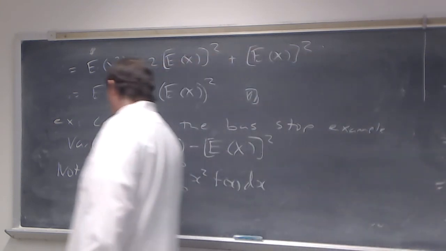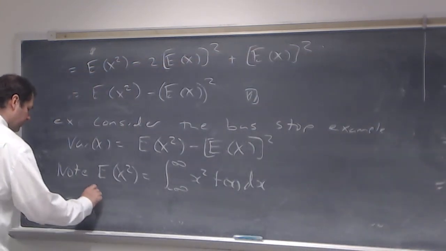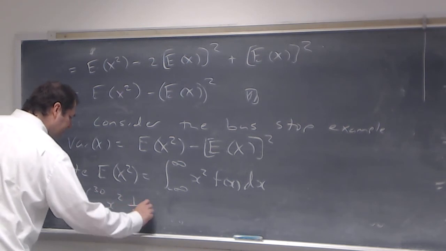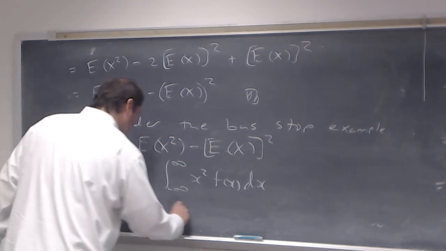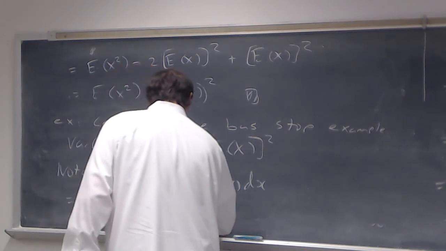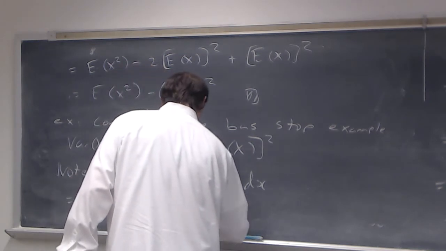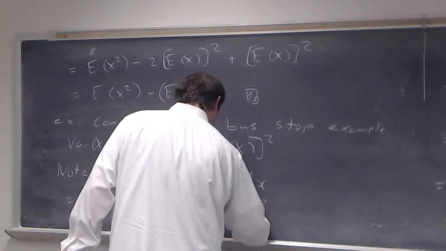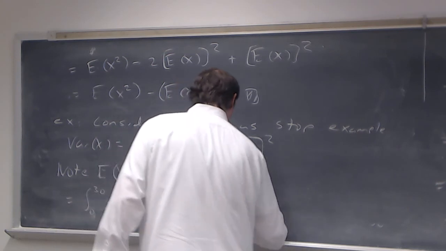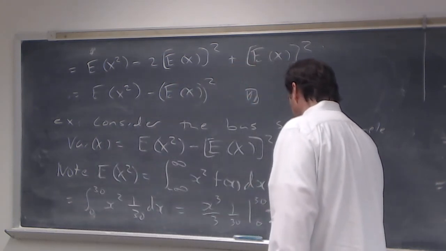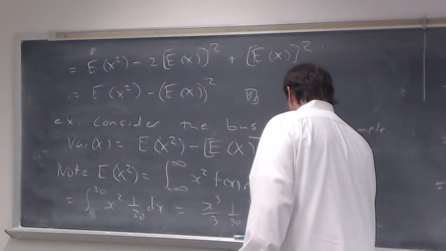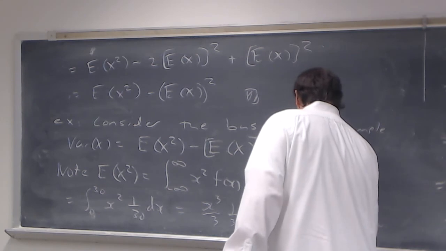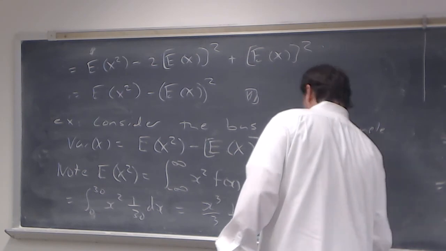So this ends up being the integral from 0 to 30 of x squared times 1 over 30 dx, which is equal to x cubed over 3 times 1 over 30, and I need to evaluate that from 0 to 30. And then we'll only get some answer when I stick in 30, so it's 30 to the cubed over 3 times 30. That ends up being 300.